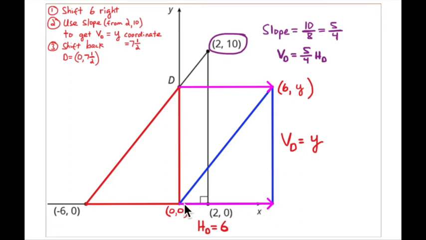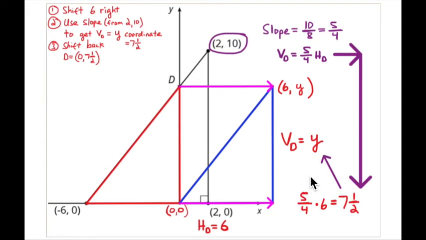So now you put this right at the origin. So these are now 6 units, and the vertical direction is y units. So what is 5/4 of 6? Well, 5/4 of 6 is equal to that 7 1/2 once again. So the number of units in the vertical direction is equal to 7 1/2.